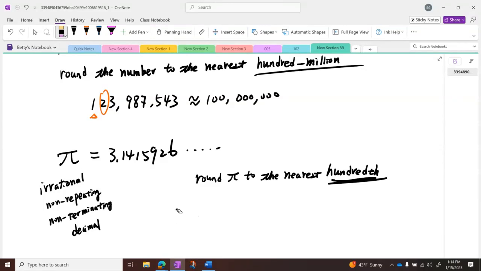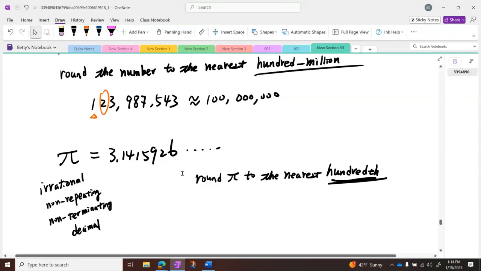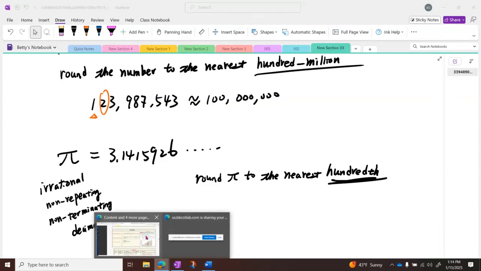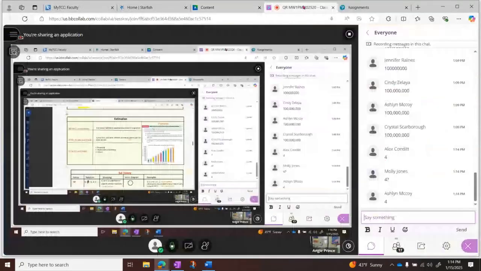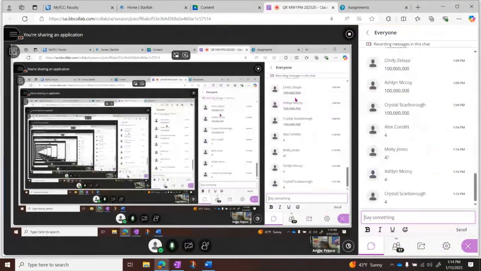Anybody would share where is the hundredth? It's kind of funny for me to pronounce it. Hundredth, right? Perfect. It is a 4.